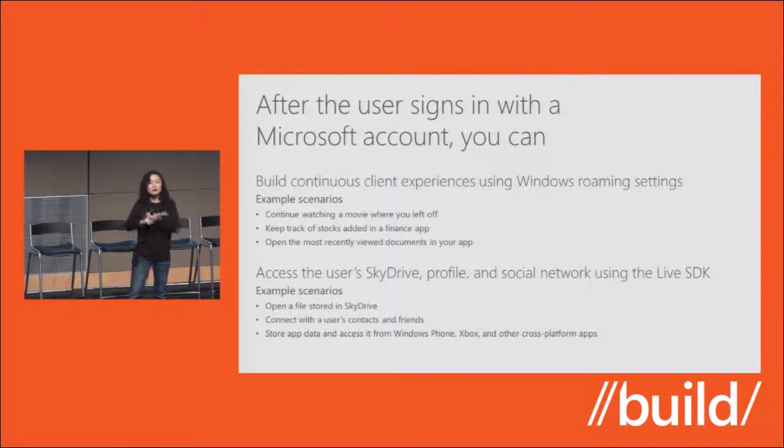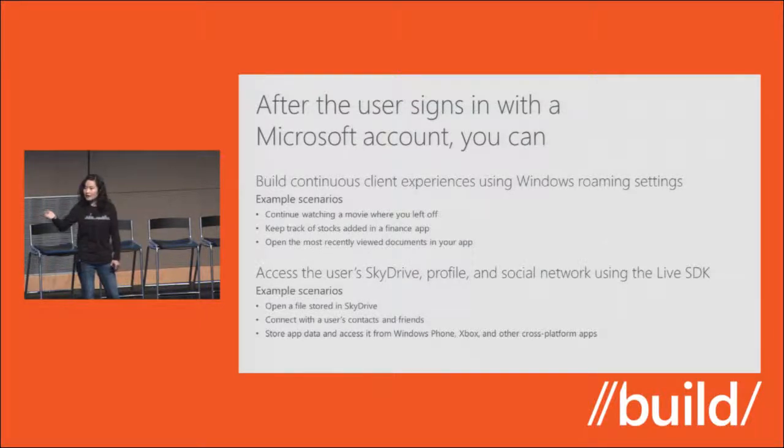These include the user's SkyDrive, the user's profile information, as well as their contacts and friends. For example, if you have an e-reader, you can open the file from the user's SkyDrive. If you are building a social app, you can get the user's Outlook contacts and friends. You can also store application data on the user's SkyDrive and access it from other platforms such as Windows Phone and Xbox.